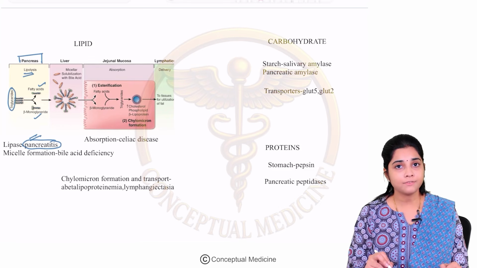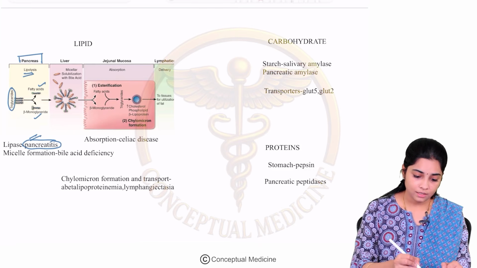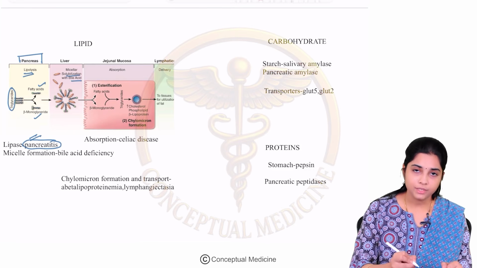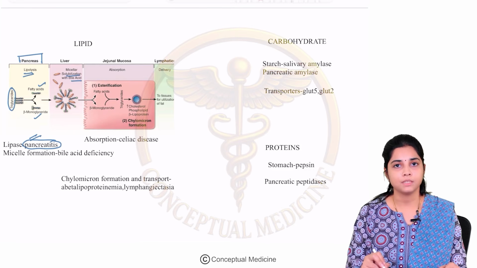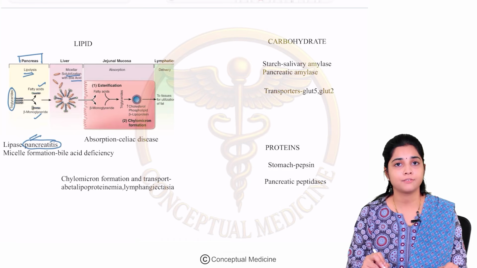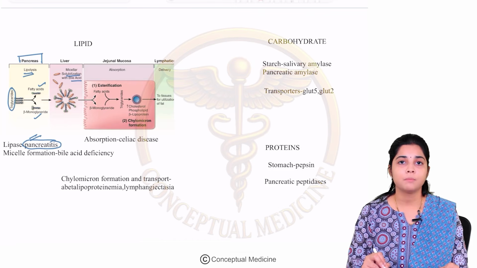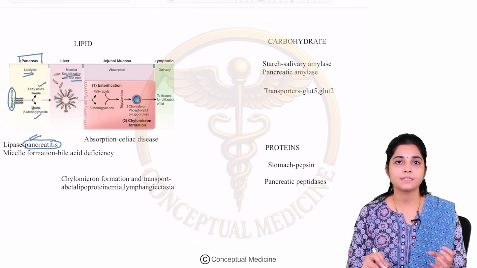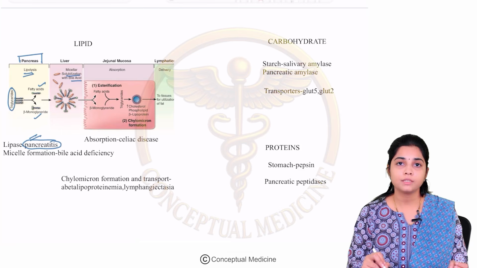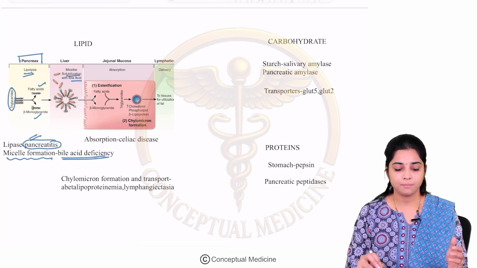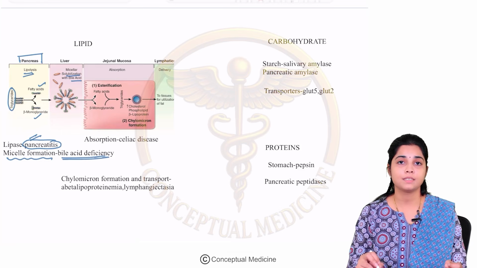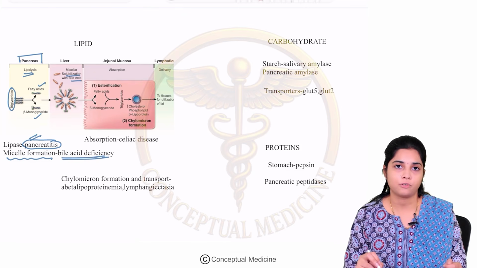These free fatty acids then undergo solubilization with the bile acids which are secreted from the liver. This bile acid helps in the formation of a micelle, right? So the monoglycerides undergo solubilization with the bile acid to form a micelle. Bile acid deficiency basically results in a defect with the micellar formation.